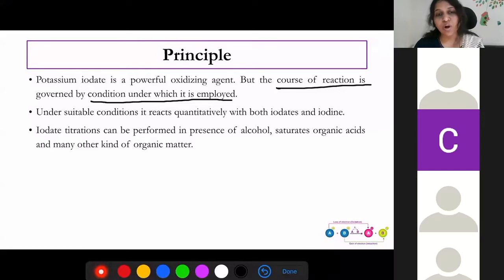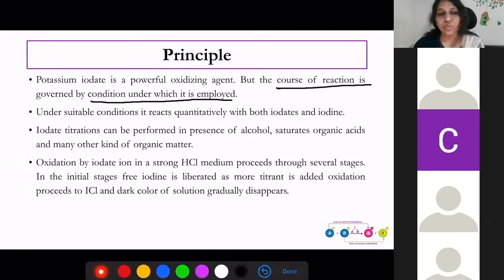The presence of organic matter does not affect the reading. So whenever you use potassium iodate as a titrant, if there is organic matter in your sample, the reading will not be hampered.